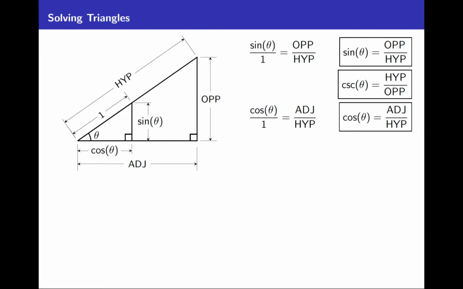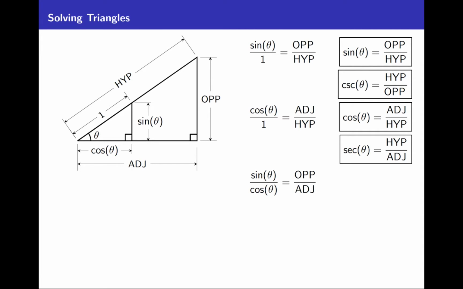Any right triangle with angle theta will be such that cosine of theta is the adjacent side length divided by the length of the hypotenuse. And secant theta is the reciprocal of cosine, so it's going to be hypotenuse over adjacent.